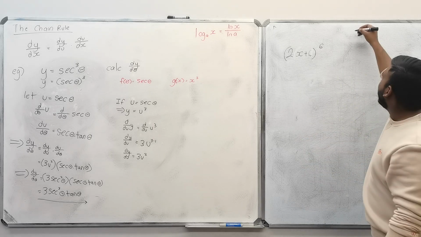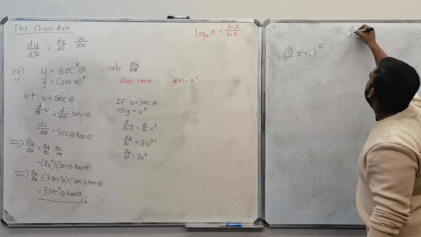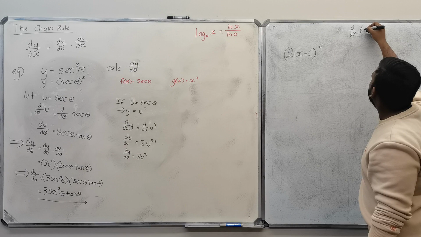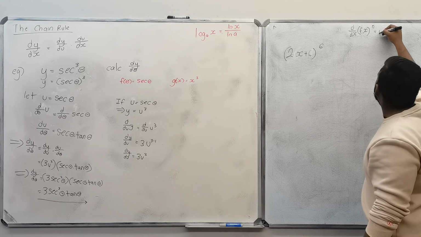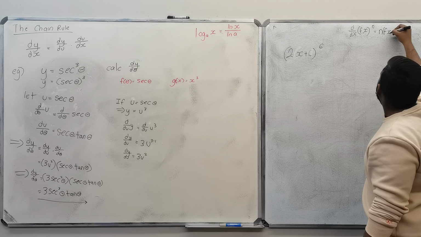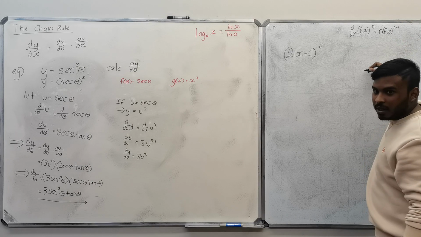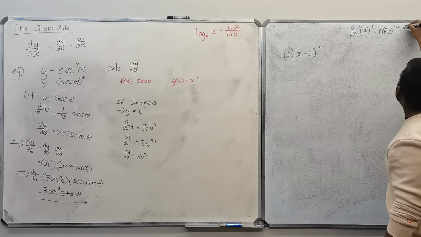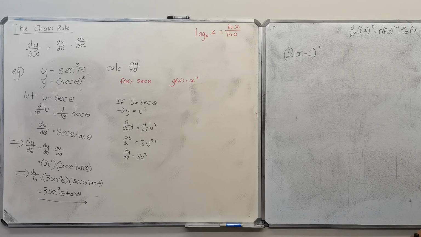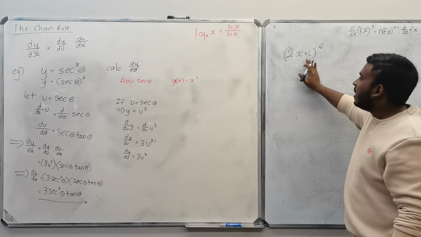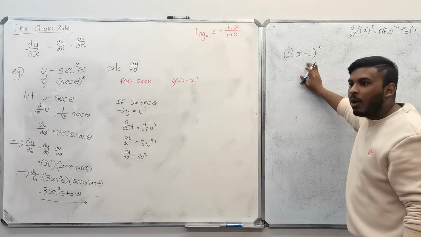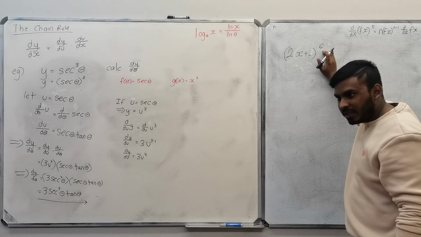So they told you that the derivative of f of x to the power n is equal to n times f of x to the power n minus 1 times the derivative of f of x. So in this instance, your function 2x plus 6 is to the power n, which is 6.